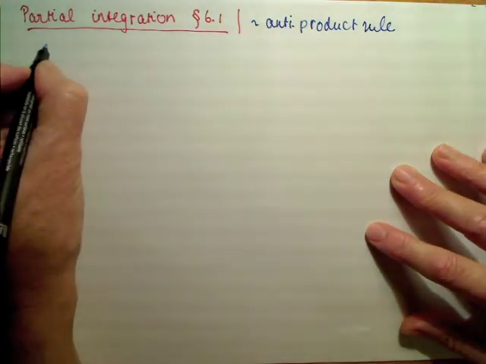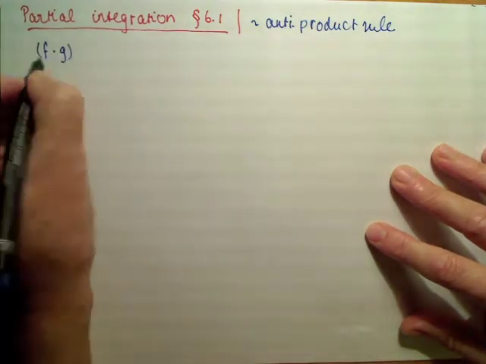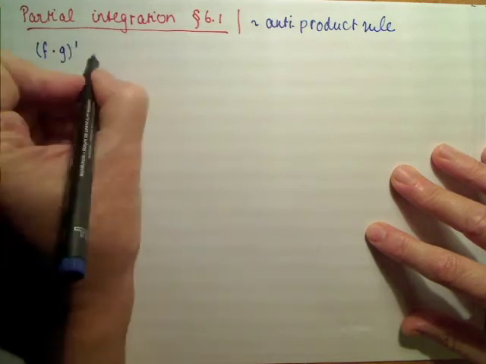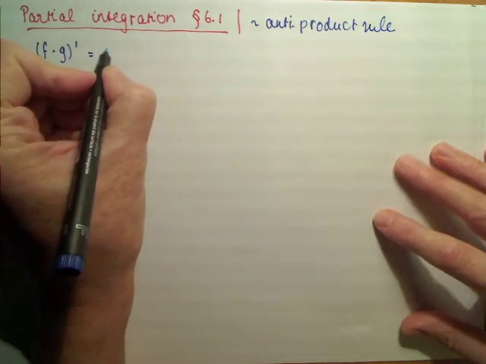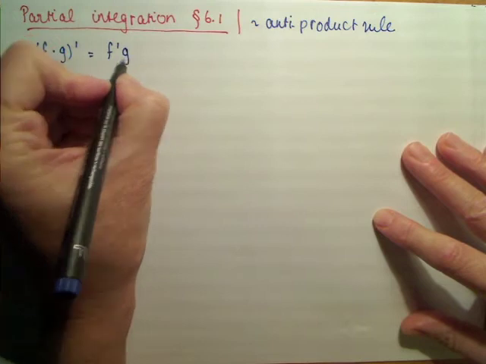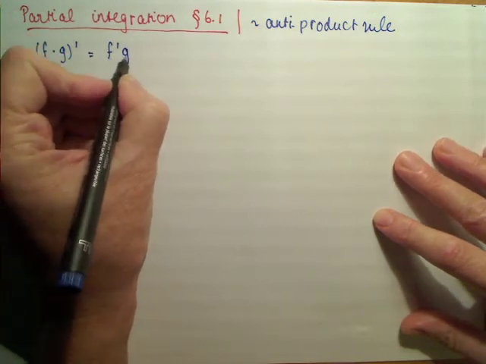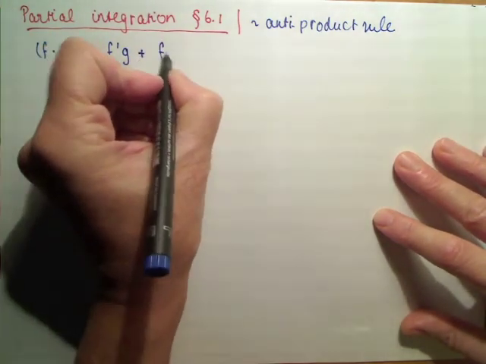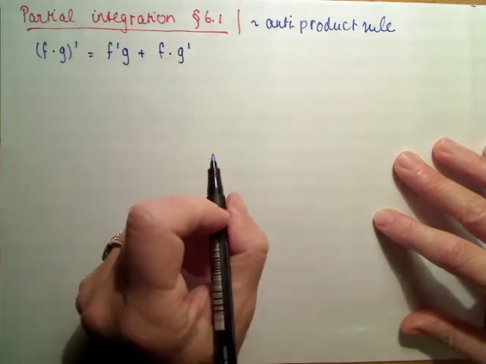Suppose that we want to compute the derivative of the product of two functions f and g. Then we know by the product rule that this is equal to the derivative of f multiplied by g plus f times the derivative of g.